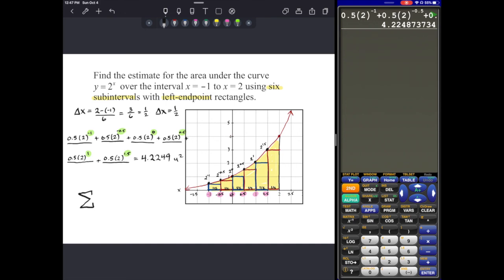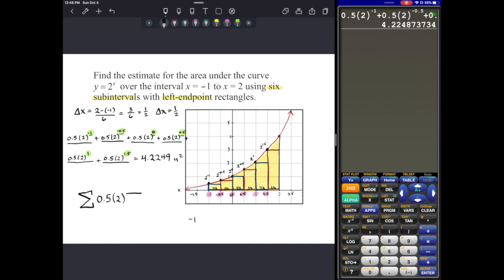I know that my argument or that function rule is always going to be 0.5 times 2 raised to some power, but this is the part that's changing. So can we come up with a function or an expression to represent these values up in the exponent? Just think about the series that we have.